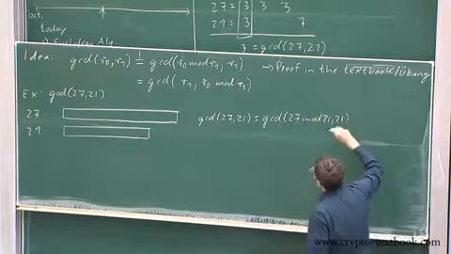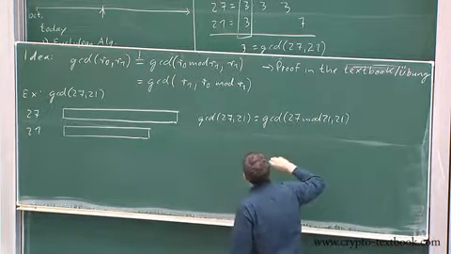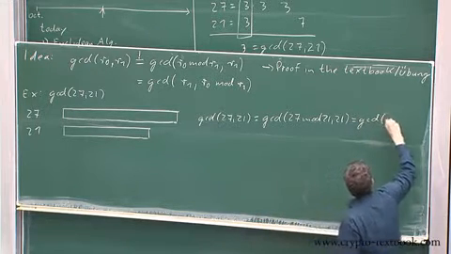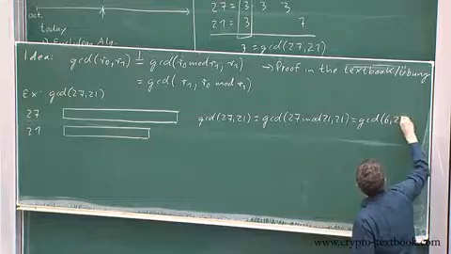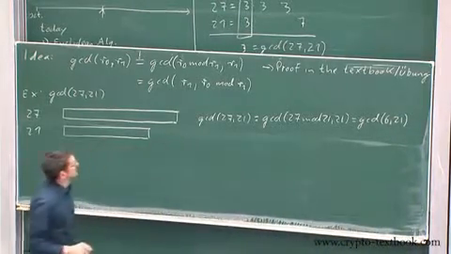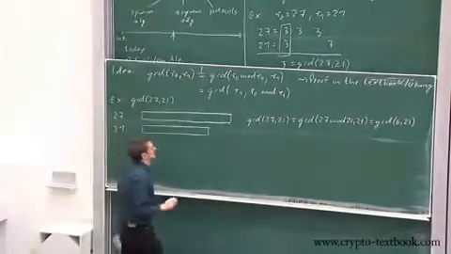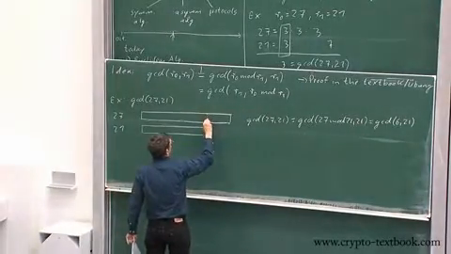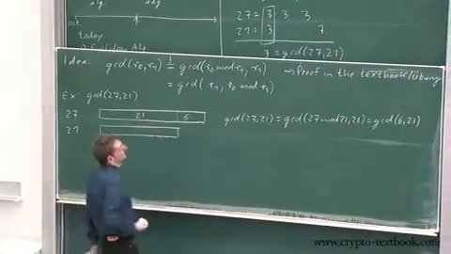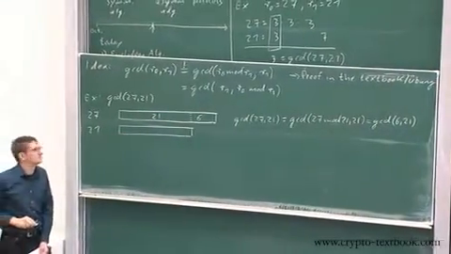So this is the GCD of 6, 21. Okay. Where is the 6 in this diagram here? It's this part here, right? This is 6. This is 21.